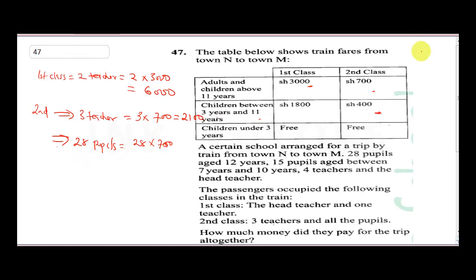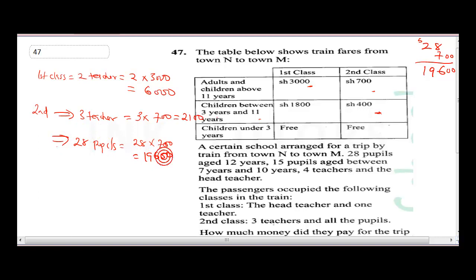Let's do that here. This will be 28 times 7. 7 times 8 gives us 56, write 6 and carry 5. 7 times 2 is 14, 14 plus 5 is 19. Remember to put your double zero because it's 700. So this gives us 19,600. That's for the 28 pupils. Now for the 15 pupils.